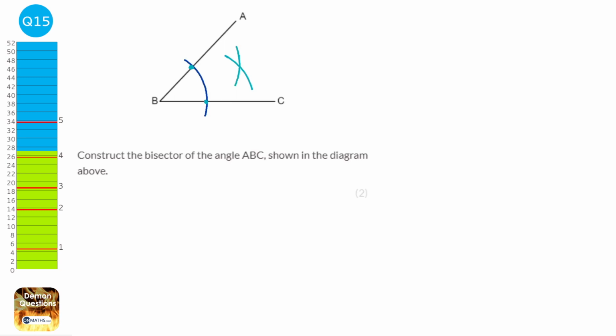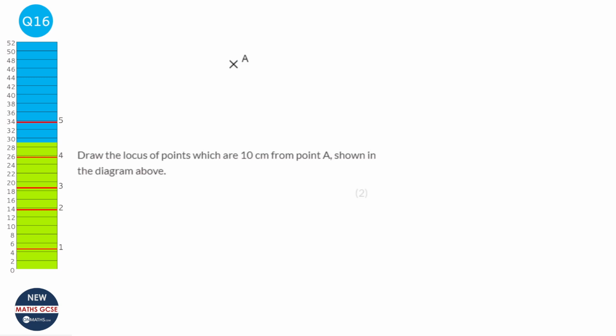Then what I'm going to do is join where the 2 lines join with where the 2 arcs join. And that is how you do an angle bisector. All of the arcs leave on the diagram because they are going to get you the marks. Arcs for marks.